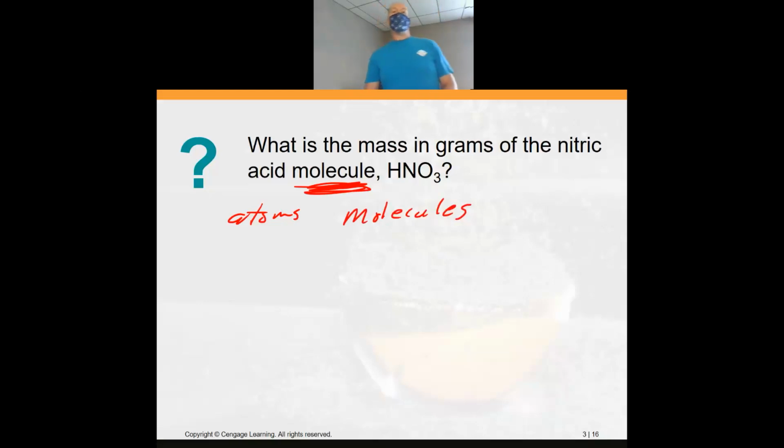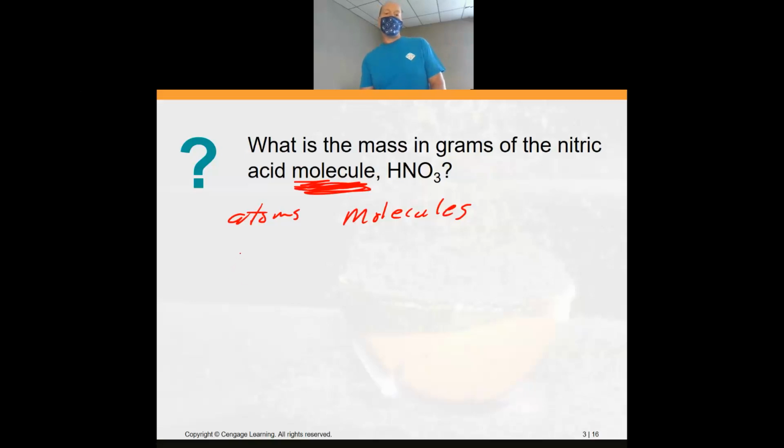When we're talking about the element of copper and the mass of the element, that's a whole bunch of atoms of copper. If we're talking about atoms of copper, we're talking about elemental copper. All right. And so we need a lot of atoms to work in the lab with a 5-gram sample of copper. All right. So the mass in grams of the nitric acid molecule is going to be extremely small.